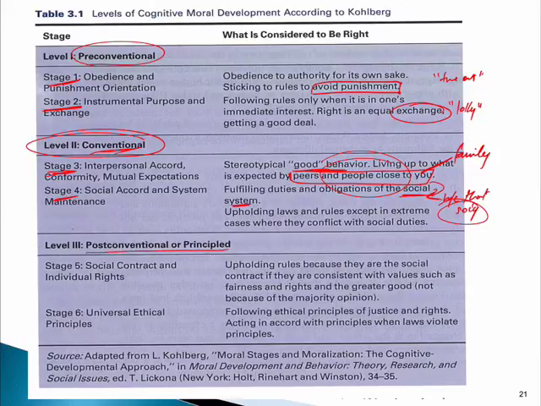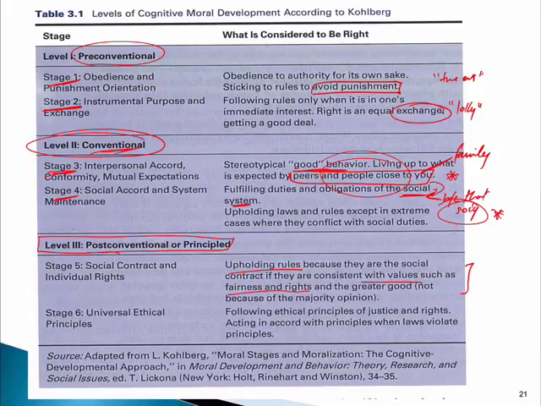Post-conventional or principled, the level 3, the 2 stages there, is about moving beyond what others think, either those close to you or society generally. It's where you make your decision to uphold the law because it's consistent with your values, or fairness, or rights.